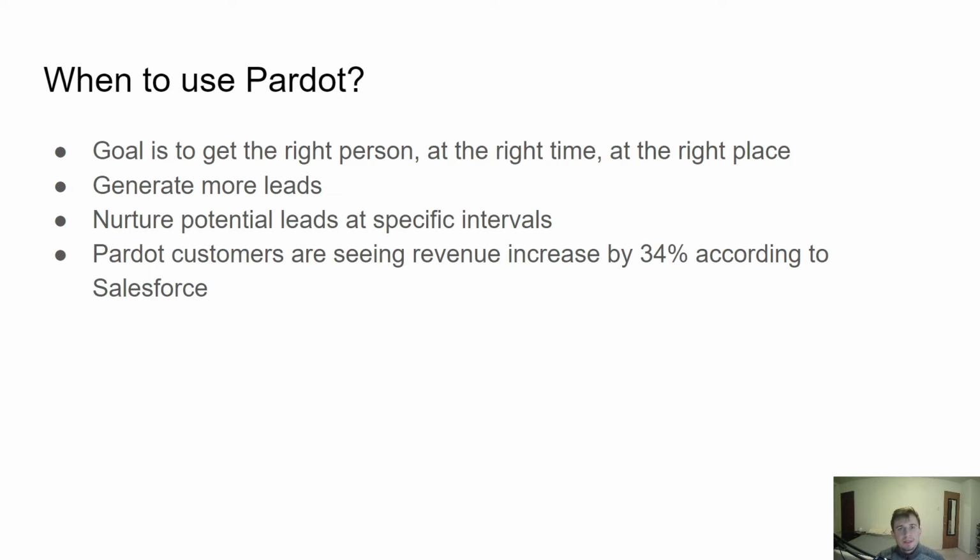And Pardot is able to make those sorts of decisions, and you're able to customize those sorts of decisions. And last thing I have on the side is Pardot customers are seeing revenue increase by 34% according to Salesforce. I don't know if this is on average, it might just be in isolated cases, but Pardot seems to offer a tremendous value to certain types of businesses in regards to generating more leads and getting more people through the pipeline faster.